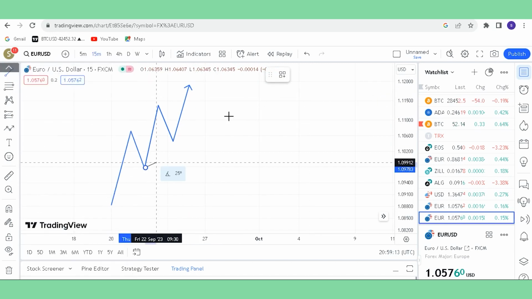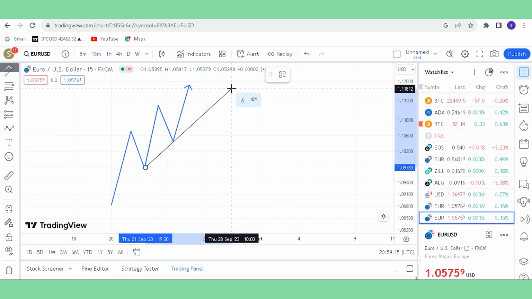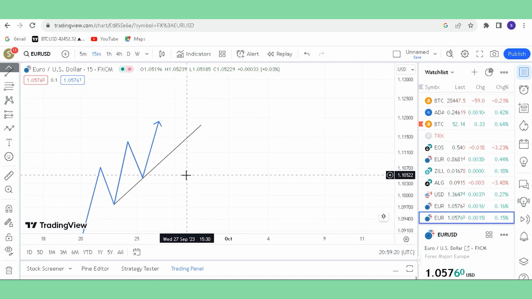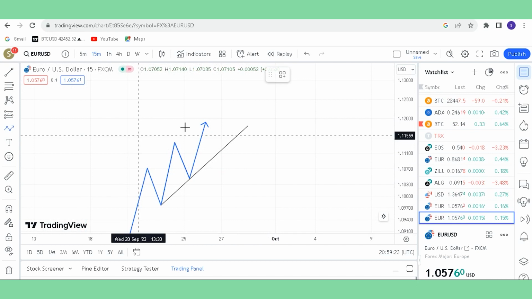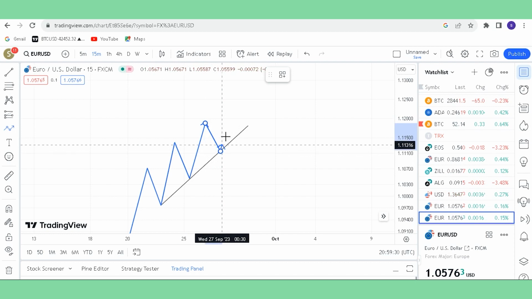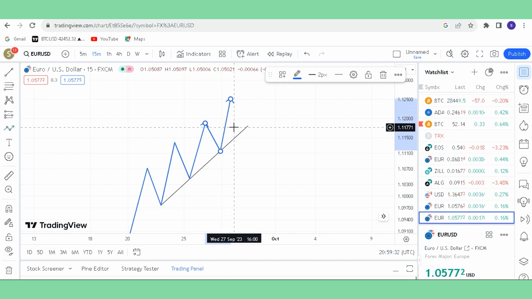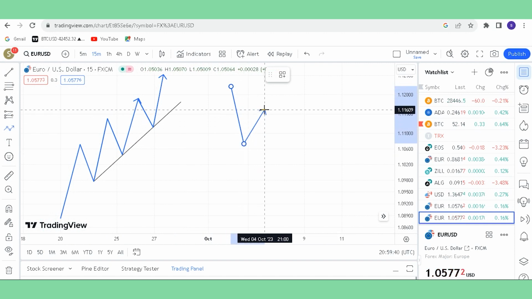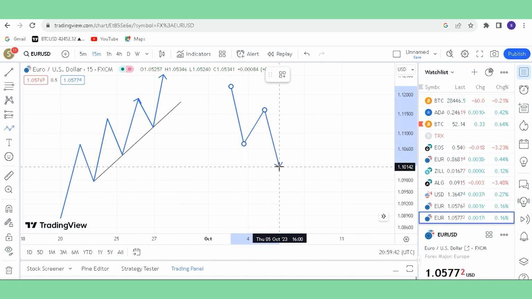So we connect these two lows, the first low and the higher low, the second low, and we will have a trend line. When for the third time price goes to this trend line, we expect it to push the price up.